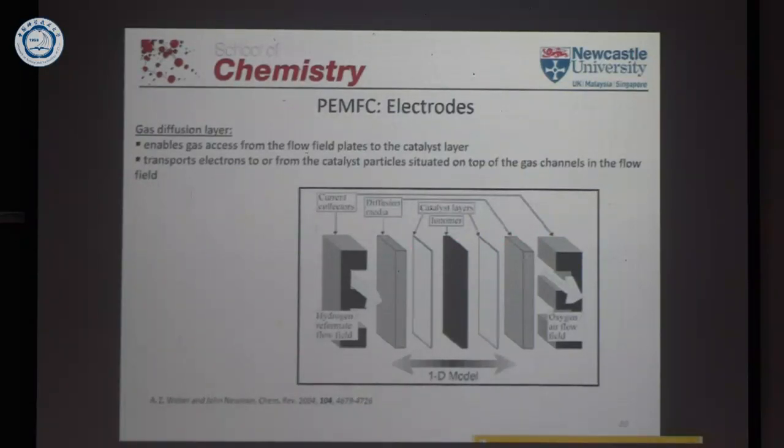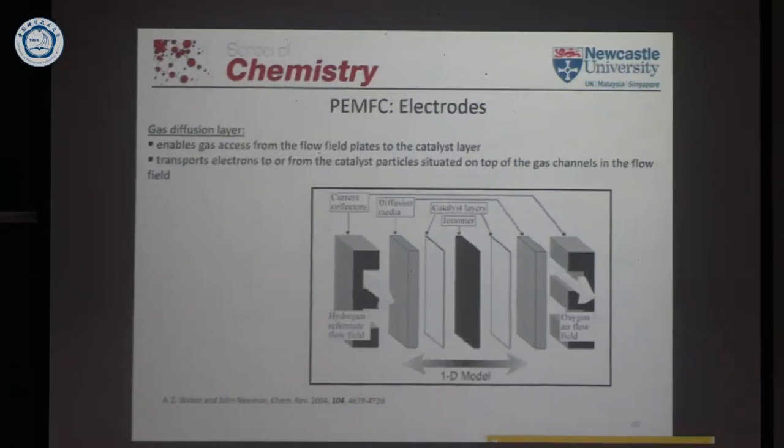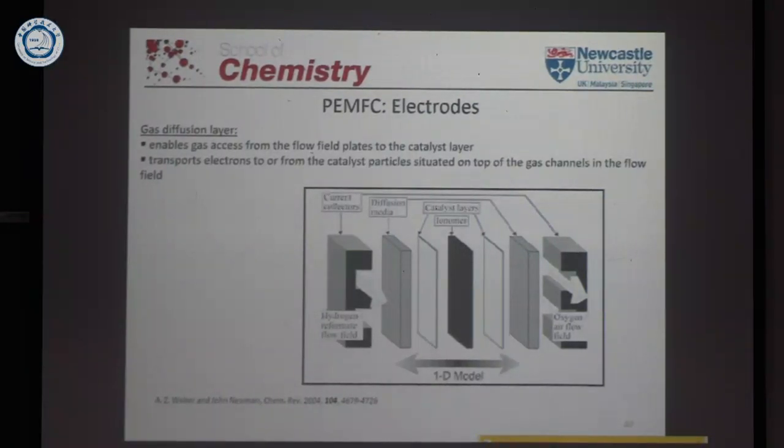But we know that platinum is a material that is, as it's called, a noble metal, and the nobility of that metal makes it also very expensive. That's one of the drawbacks of this material, and people have been trying to find other materials as catalysts. But the catalyst layer is one thing, and the other thing is that we need an electrode.